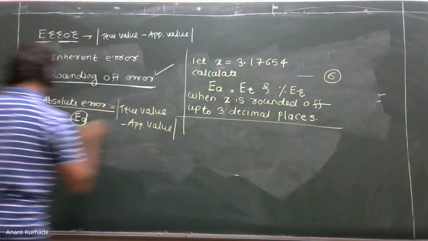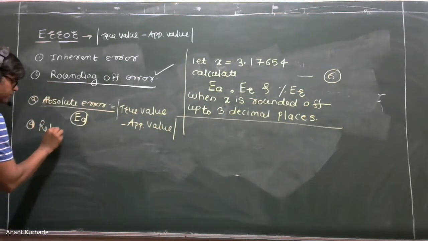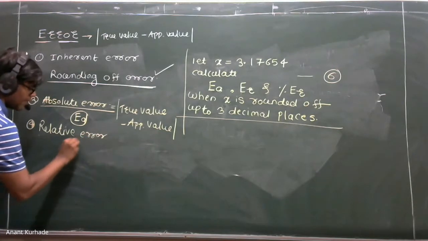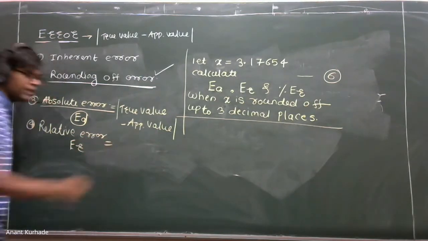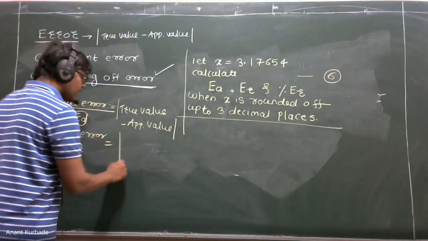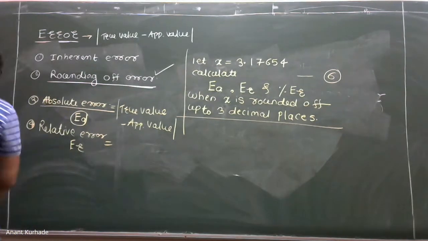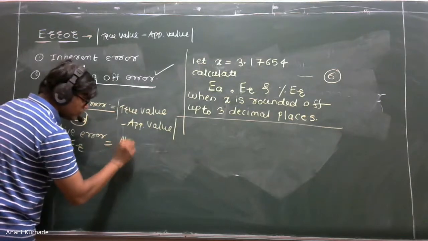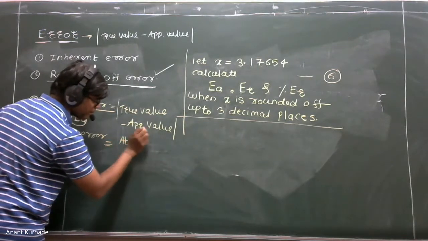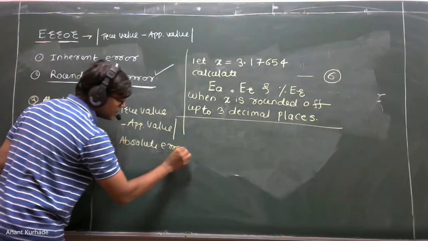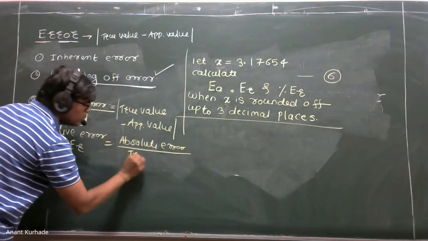Now ER is the relative error. Relative error is defined, in mod, as the ratio of absolute error to the true value.